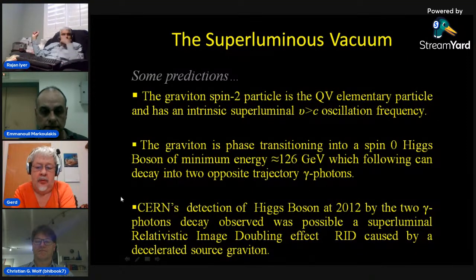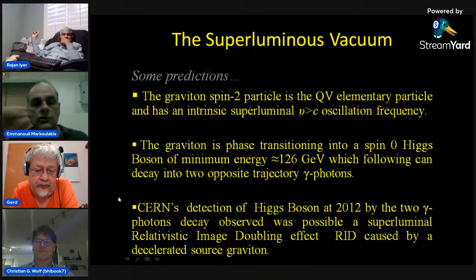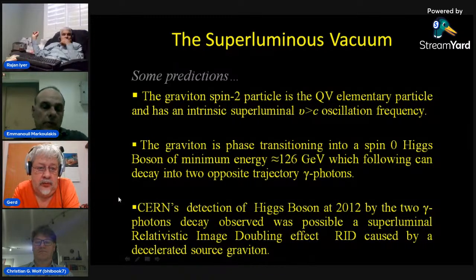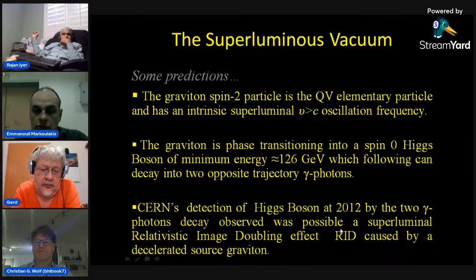And the other prediction of my current, preliminary research is that the CERN detection of the Higgs boson in 2012 by the 2 gamma photons decade observed was possibly a superluminal relativistic image doubling effect, RID, caused by a decelerated source graviton.